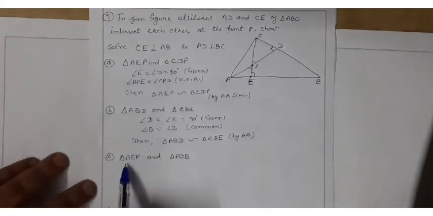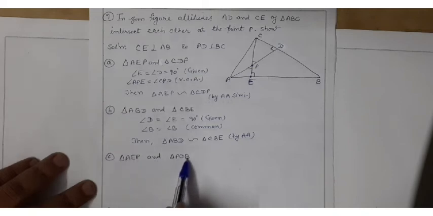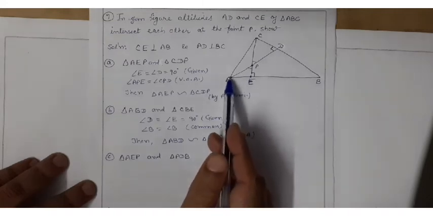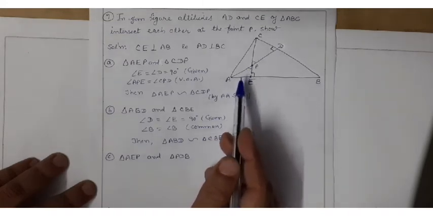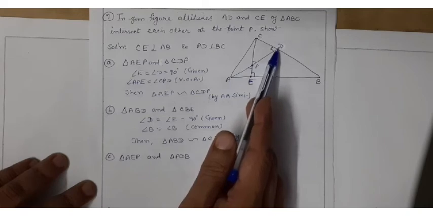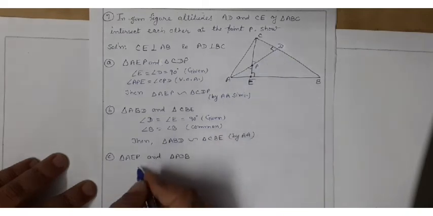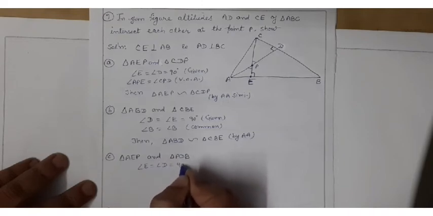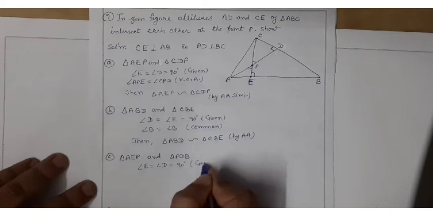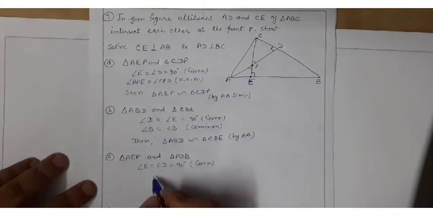Okay, take another third part. Triangle AEP and triangle ADB. AEP and ADB. Okay, angle E equal to angle D. This is equal to 90 degree and this is given to you. And the second one, angle A. Angle A in both is common angle.